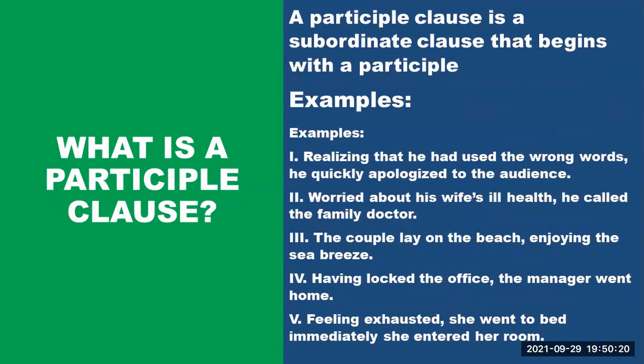Now, what is a participle clause? A participle clause is a subordinate clause that begins with a participle. A subordinate clause is also called a dependent clause. A clause that cannot stand on its own and cannot convey complete meaning is called a subordinate or dependent clause.